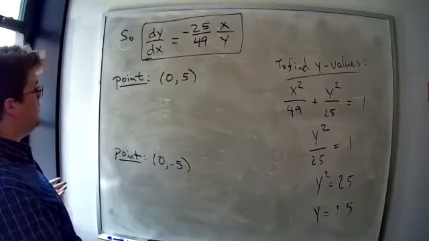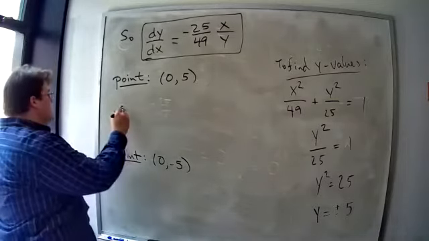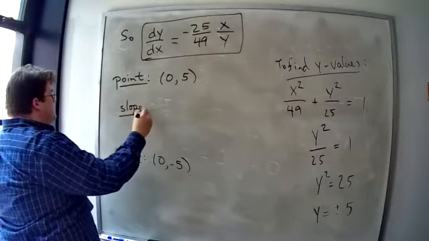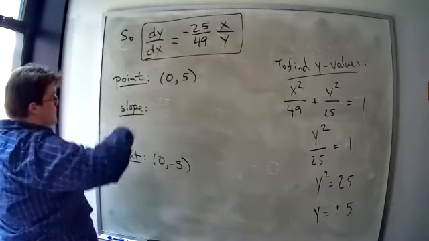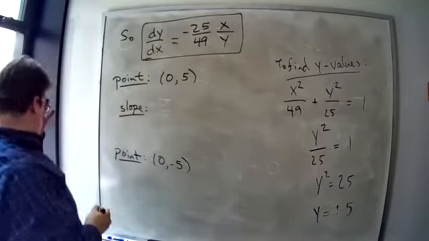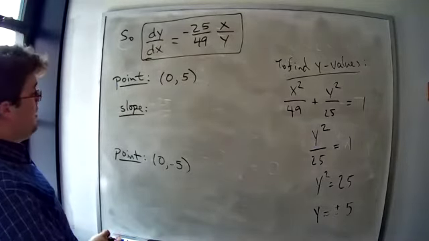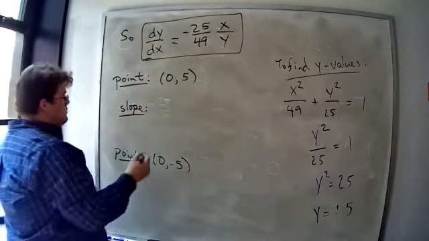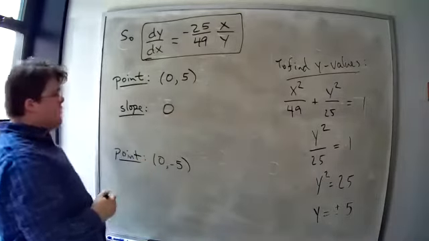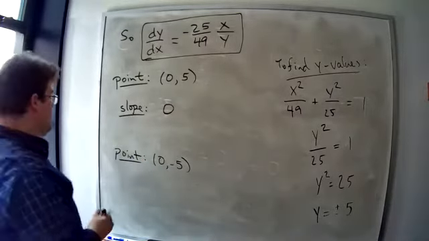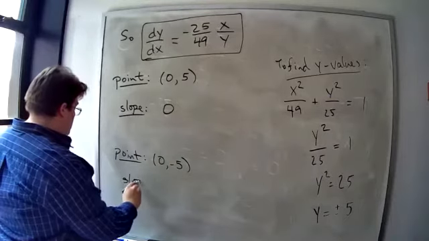We need equations for lines, so we need a point and a slope. You could substitute up there, you get 0 over some number, which is 0. But remember, we set it up so that the slope would be 0 because we were looking for the horizontal tangent. So the slope will be 0 in each case.